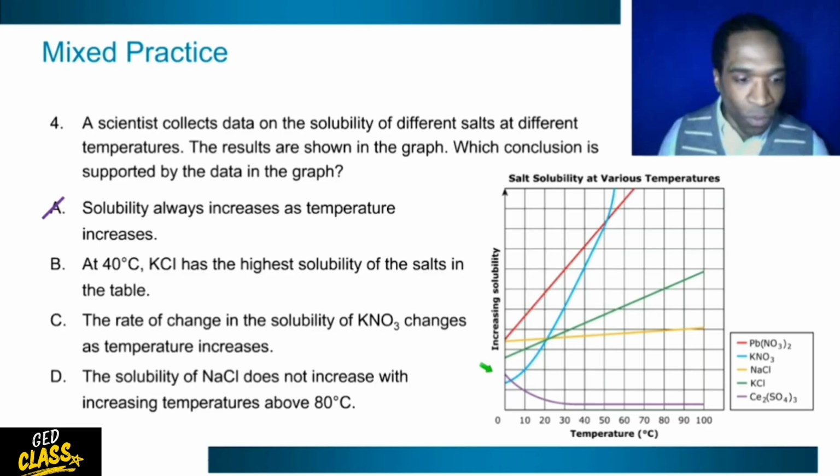So here's our line for 40 degrees Celsius right there, going up and down for 40 degrees. Okay, is this the case? Is the KCl line, don't forget to use the legend right here, is that the one that's highest at 40 degrees Celsius? So you can pause the video to check that out. And once you've done so, restart it and we'll find out what the answer is.